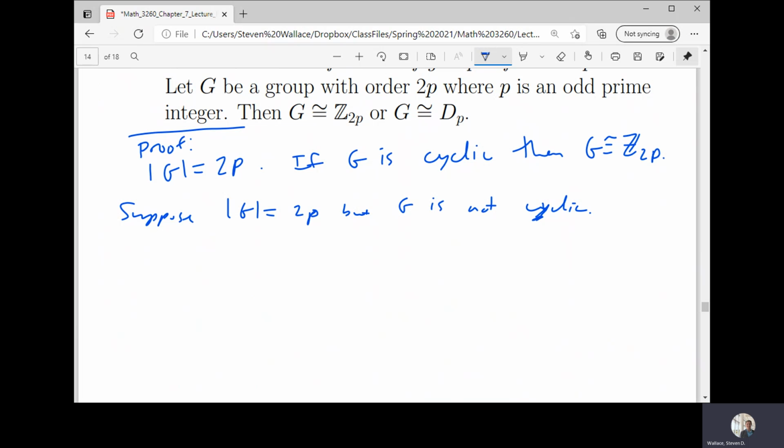And this, of course, would be easier if we could use generators and relations. We know that the dihedral group is generated by a reflection and a rotation by 360 over p degrees.